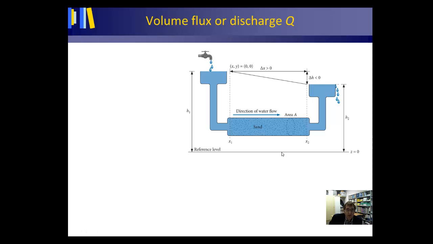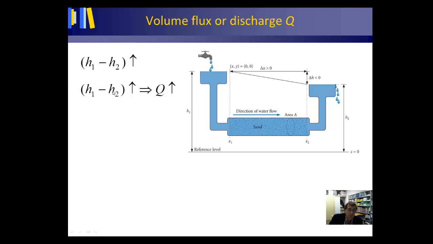Well, let's do a thought experiment. What would happen if the difference between H1, the hydraulic head here, and the hydraulic head at this screen, if I would enlarge it? So I could raise this tube, or I could lower this end tube. Well, intuitively, you think that the discharge or the volume flux, the volumestroom of the afvoer, would of course get bigger.